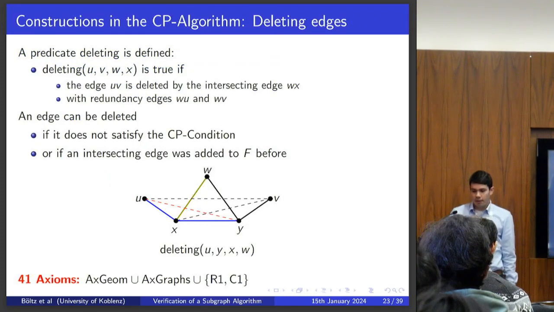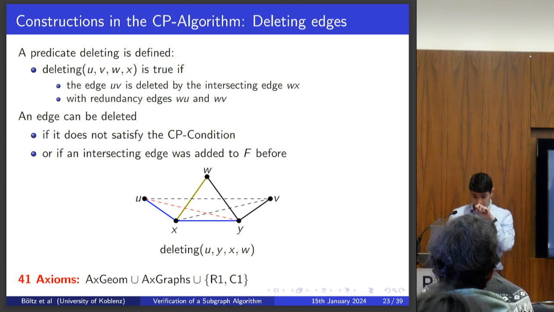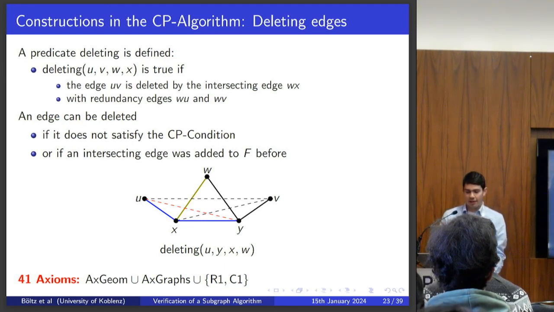And in order to prove the correctness of the algorithm, we need to define a predicate for deleting edges which remove other edges. This predicate is true if U1 is deleted by an intersecting edge Wx and the redundancy edges Wu and Wv exist for this intersection.